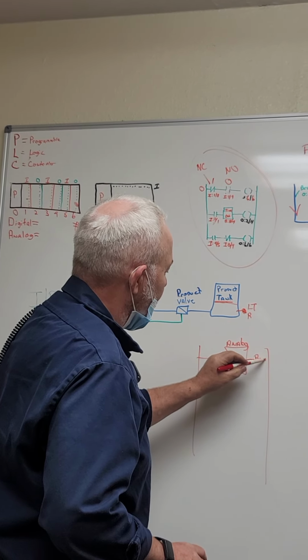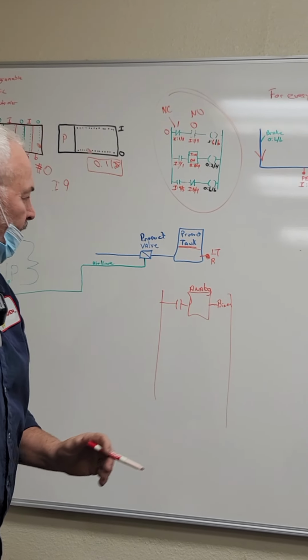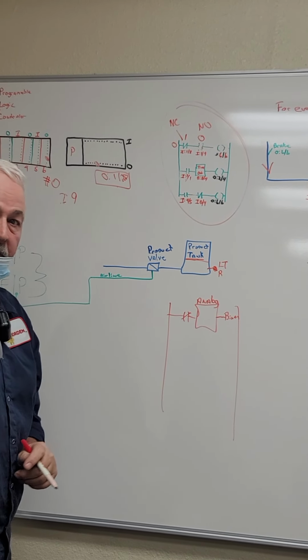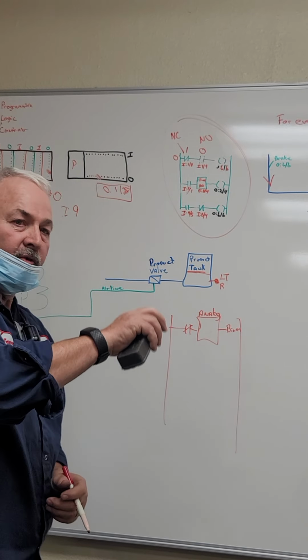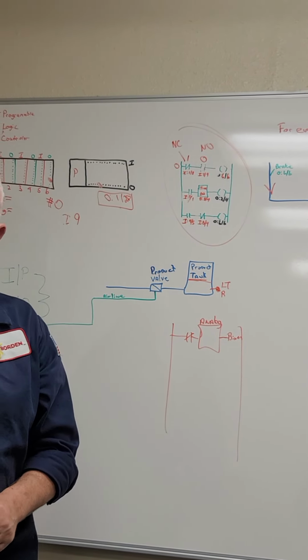It's binary, just internal, a programming thing. It's nothing y'all ever do. What's going to happen is this input has to fire, so that's your fill valve. You just hit a button and told that product valve to open up, I want to fill.